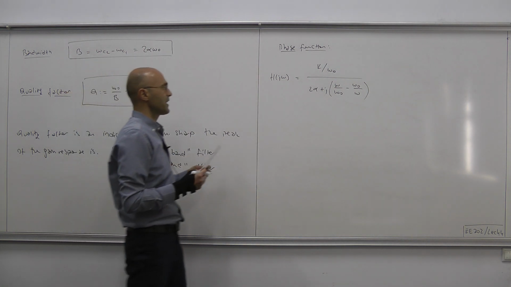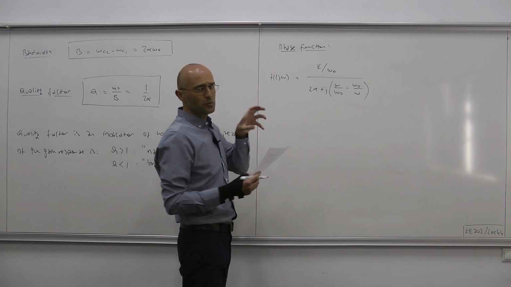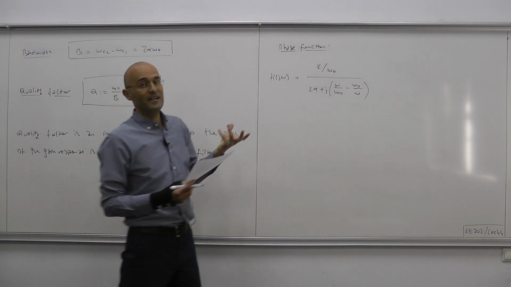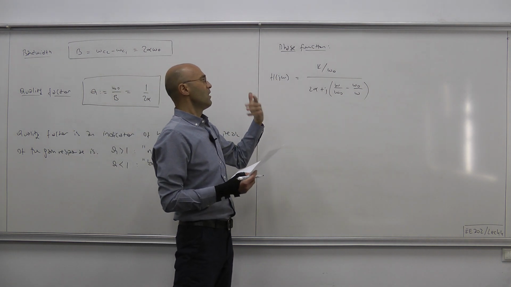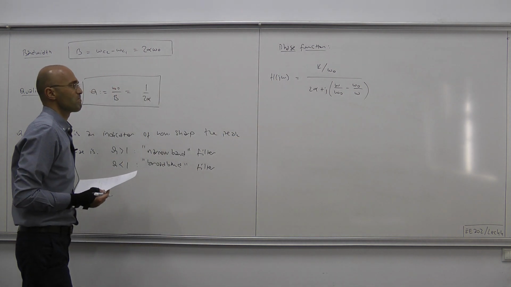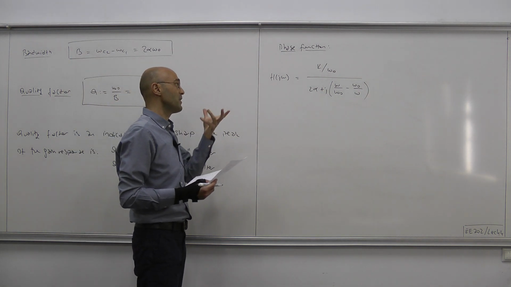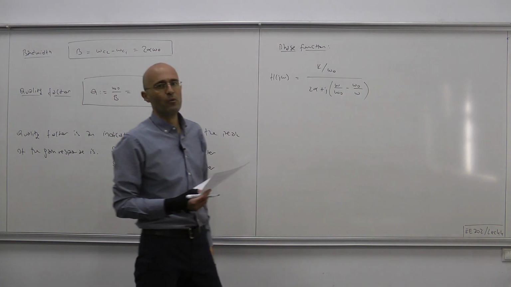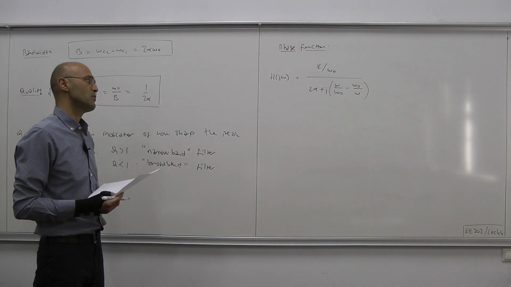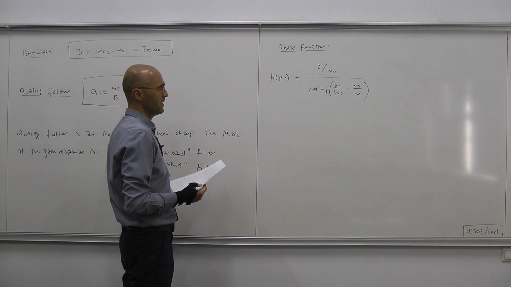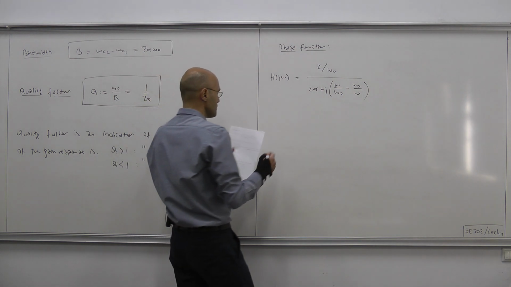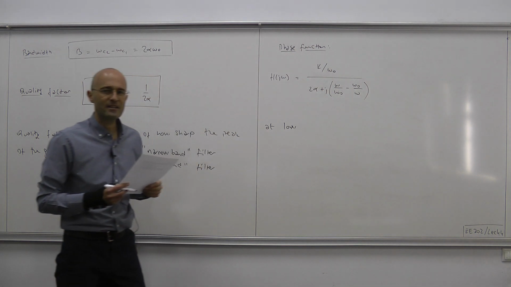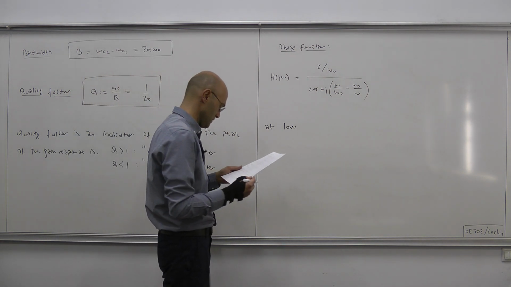Okay. Now again, we try to see what happens qualitatively to the phase when omega is small, or significantly smaller than omega 0, and likewise we're going to consider the other possibility when omega is significantly larger than omega 0. Okay, so let's now discuss what happens to the phase at low frequencies and at high frequencies.